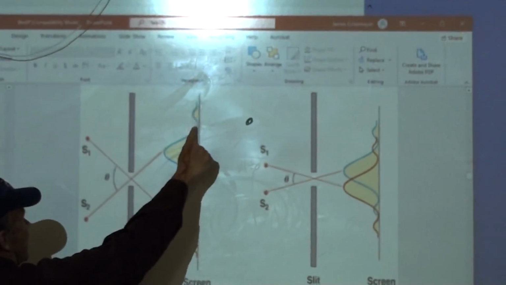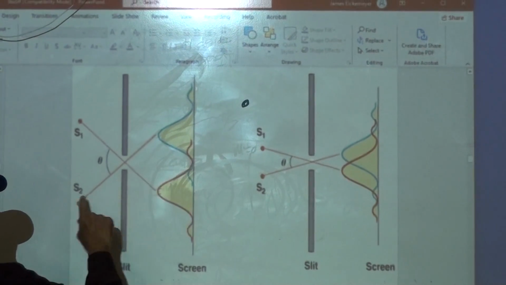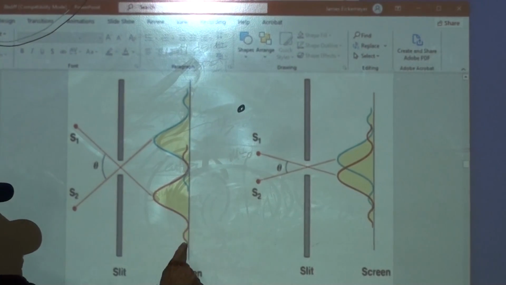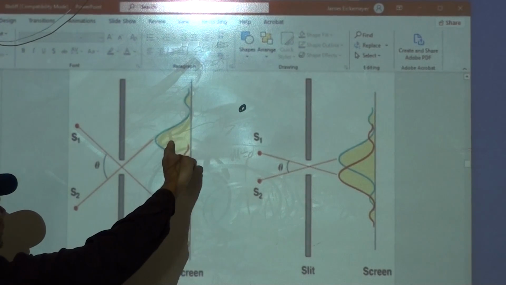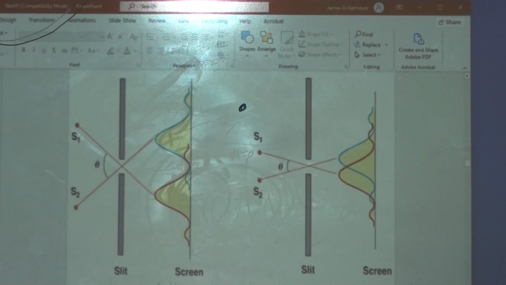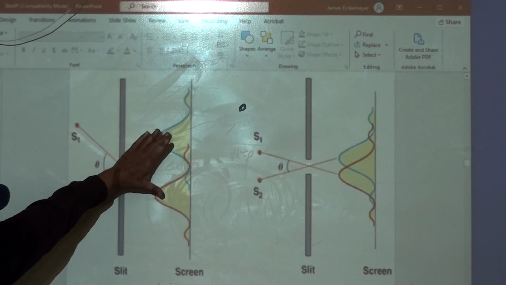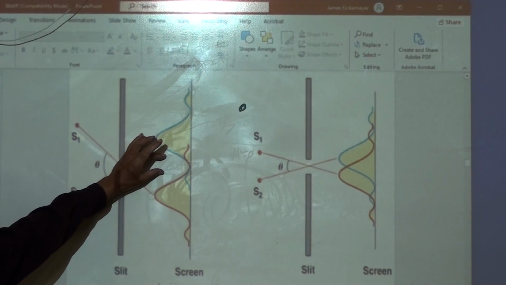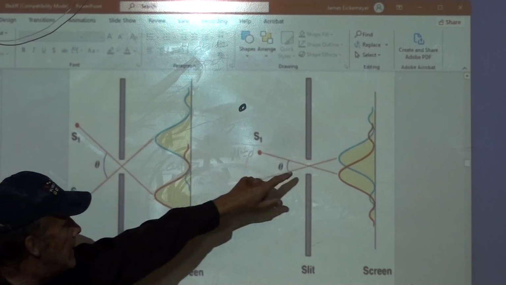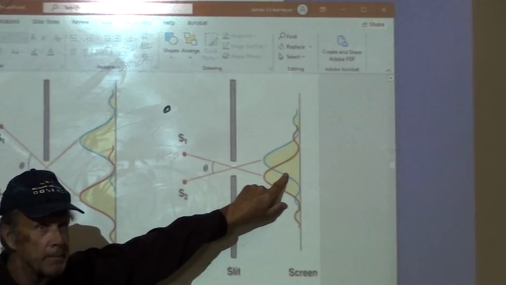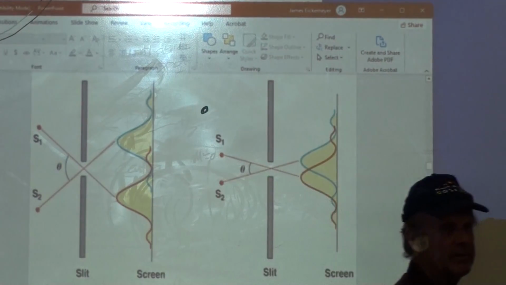So here we can see how the single slit pattern from this light source lines up like this. The single slit from this pattern lines up like this. And so we can see the two as being separate. But eventually, when the central interference maxima get too close together, then you can't tell them apart anymore. And that's the same thing with stars.